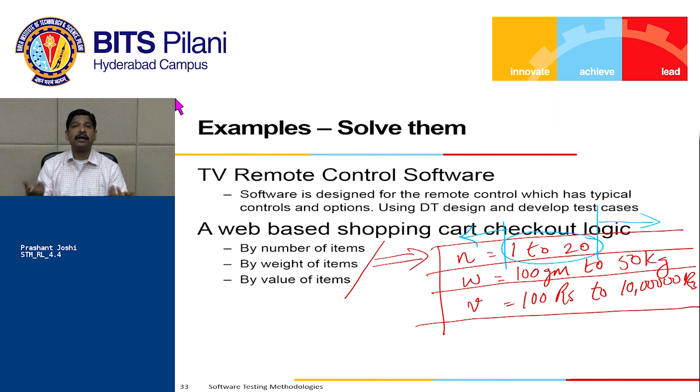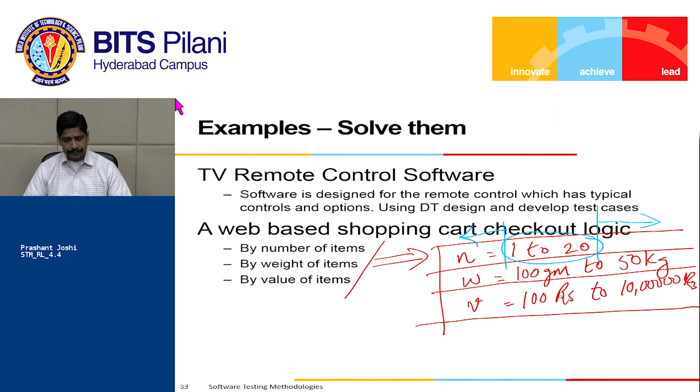And we can build multiple conditions around it, saying that n is the number of items, n within limits, w within limits, v within limits. And then true or false, all true, and then various numbers that are bought would actually have an action of a successful checkout logic. But you will definitely think of other techniques for such a web-based shopping cart checkout logic.